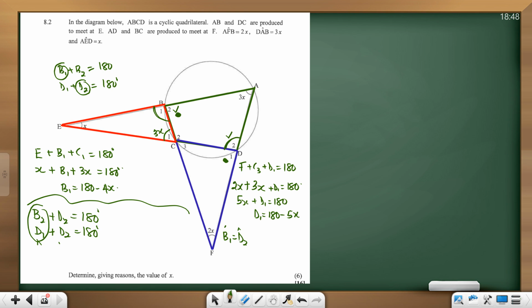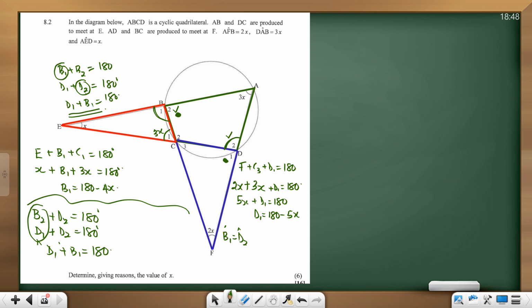Yes, sir. So instead of writing D1, all right, there we go. That's what she's saying, guys. D1, because B1 is the same as D2, right? So D1 plus B1 equals 180, right? Yes. Okay, from here?